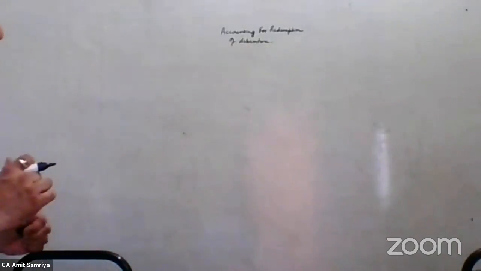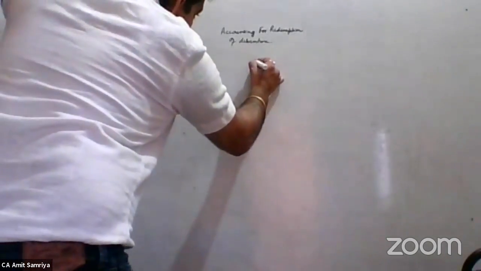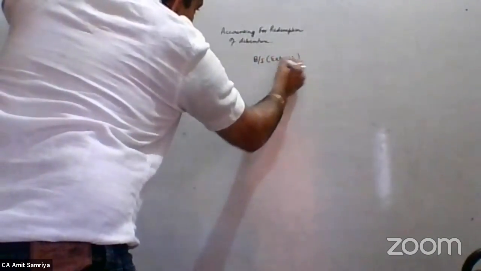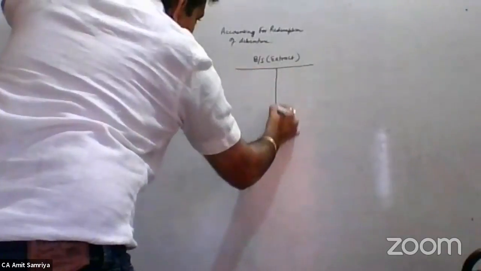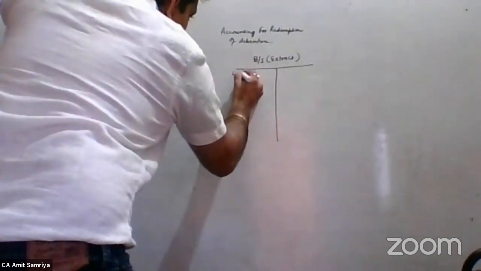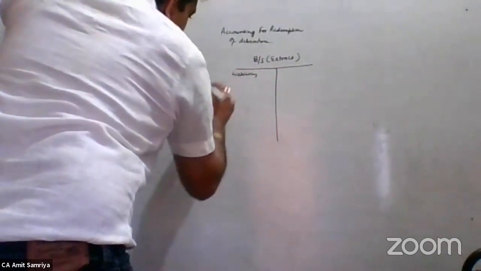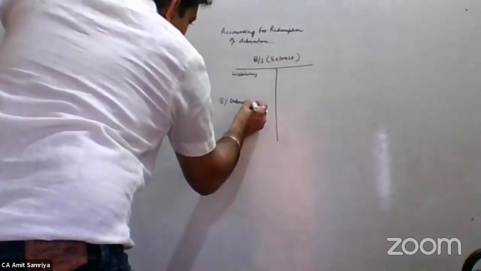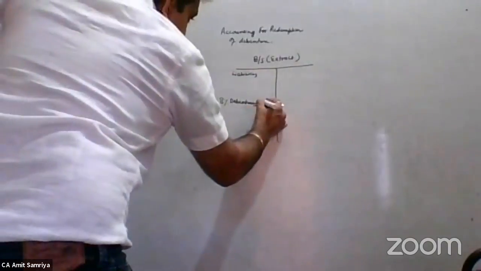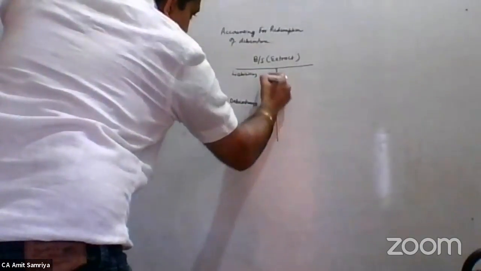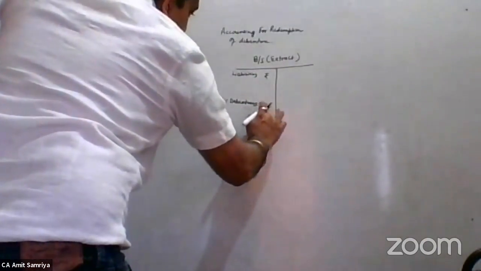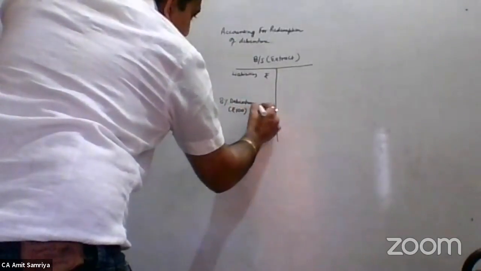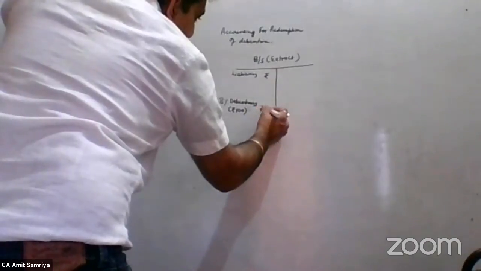Suppose it's a balance sheet extract. Liabilities: 8% debentures, say rupees 100 debenture, rupees 7 lakh.